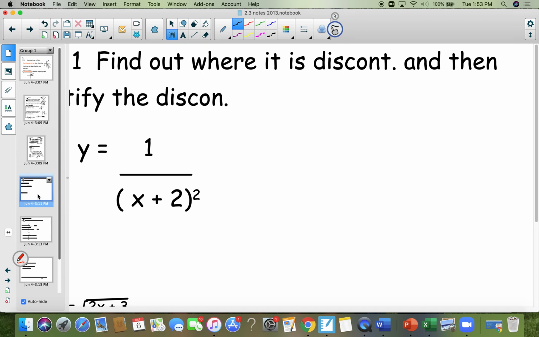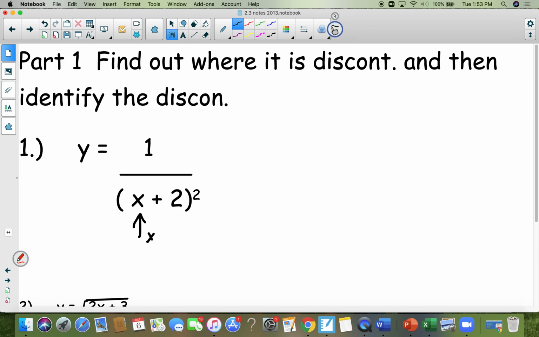Okay, part 1. That was just kind of like the introduction, and now we have the parts. Find out where it's discontinuous, and then identify the discontinuity. You can either graph it, or you can see that at x equals negative 2, you'll have 0 in the denominator, right?